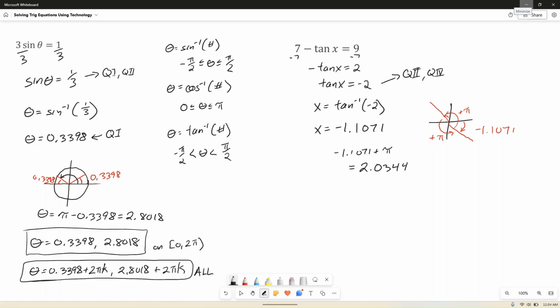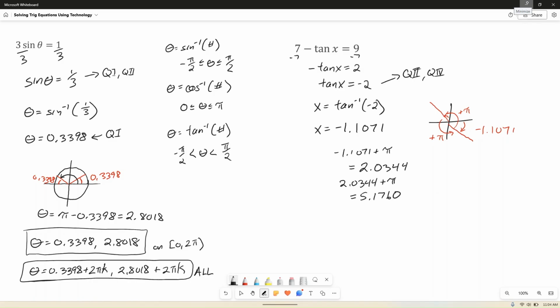And if I take that 2.0344 and I add a pi to that, then I will end up with 5.1760. And that's in the fourth quadrant with a positive value between 0 and 2 pi.